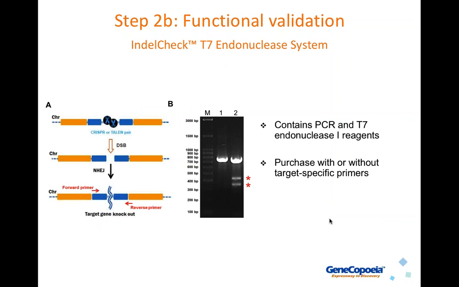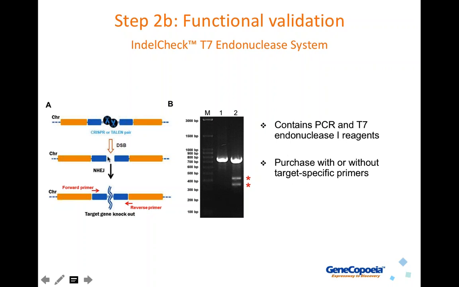GeneCopoeia has developed a series of kits known as the Indel Check T7 endonuclease 1 system, and it exploits this property of CRISPR to create these indel mutations, and then when you do this denaturation and reannealing step, you get heteroduplex DNA. Again, on the left is the basic overview.